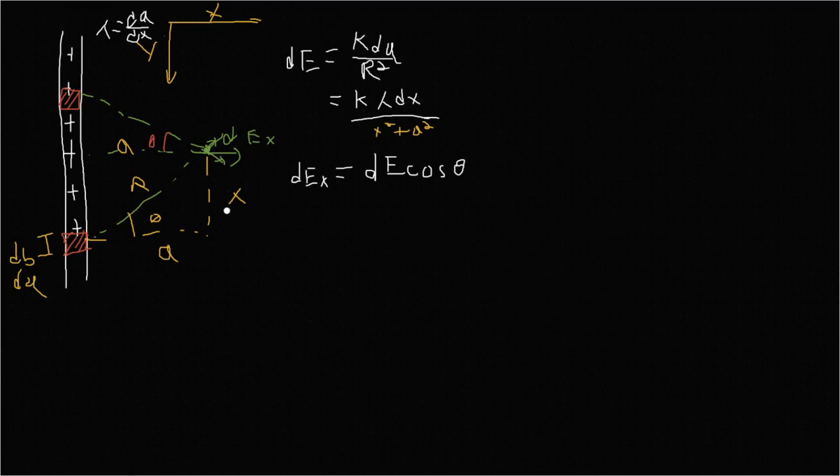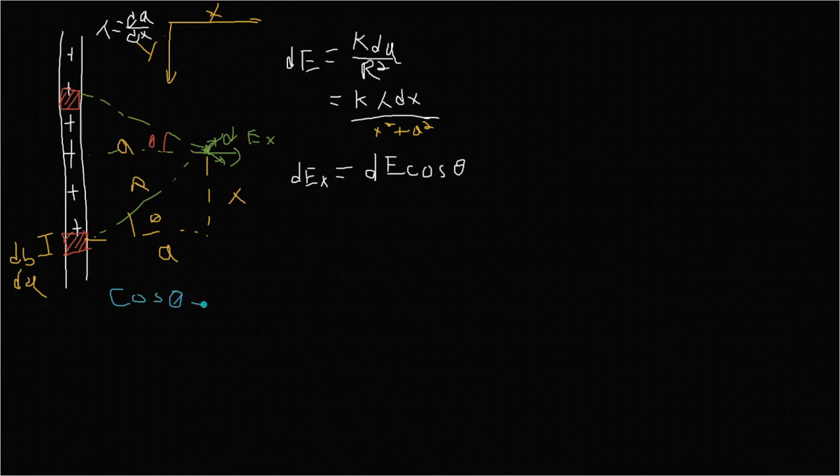Yes, I know x is both the horizontal and the vertical axis, oh well. But we're looking at this dE in this direction. So we now need to find whatever this cosine theta is.